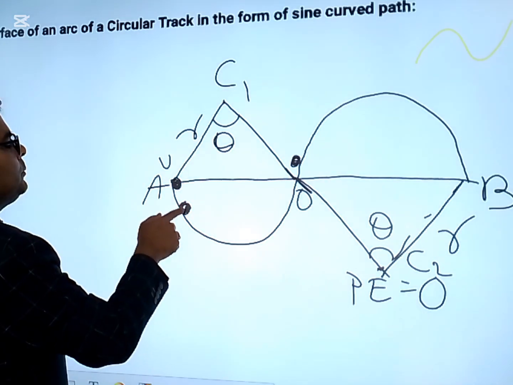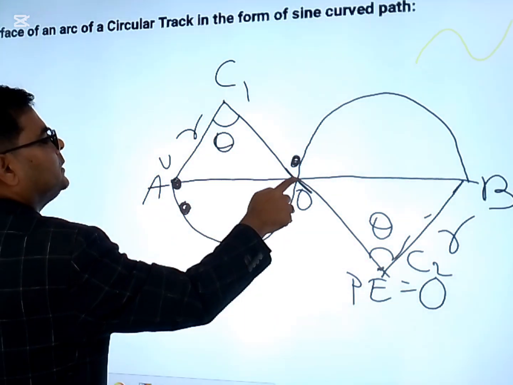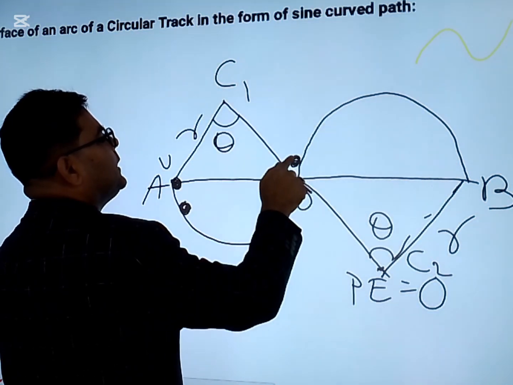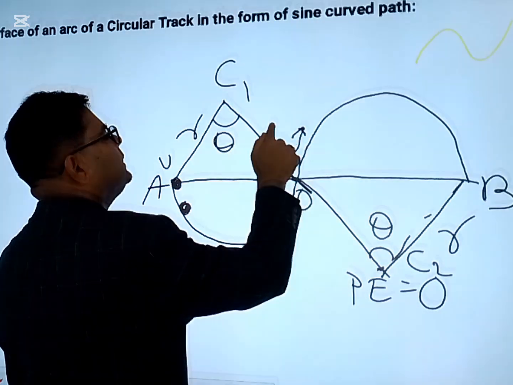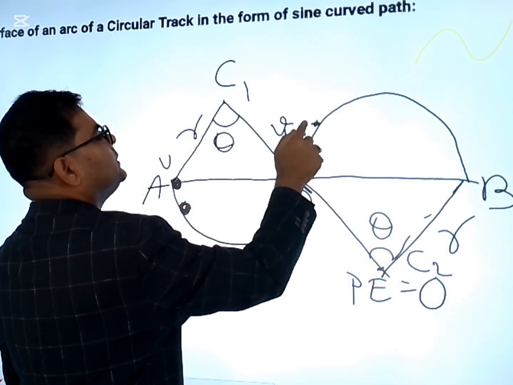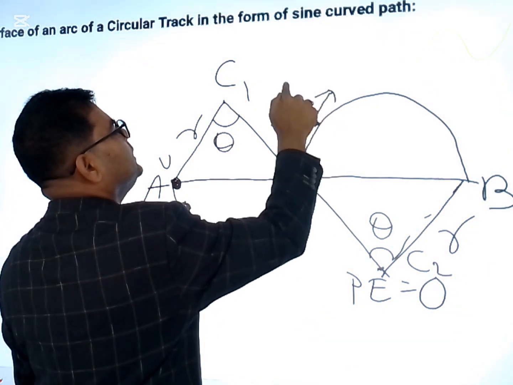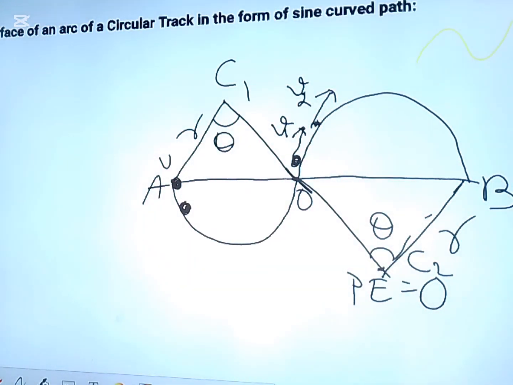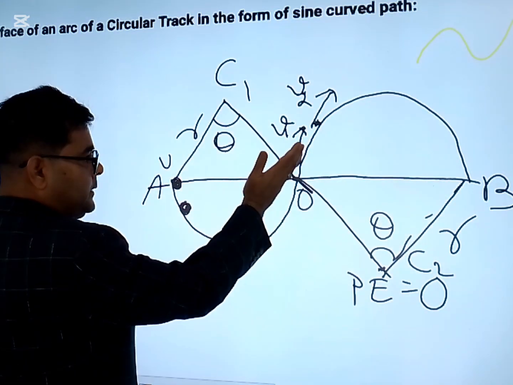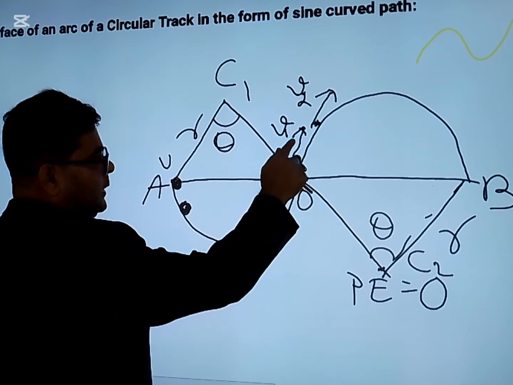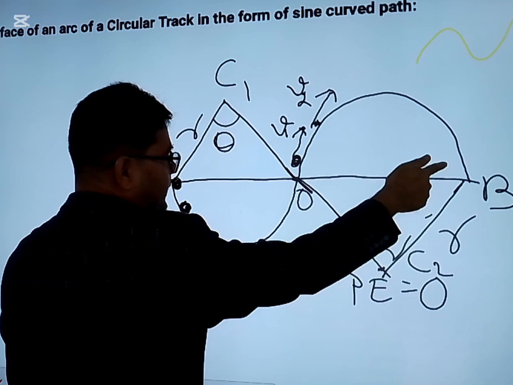So let's suppose the body has reached this point O. At this point, suppose it has velocity V1, and after a very small distance, it has some velocity V2. Now compare these two velocities while the object is rising in height along this track.